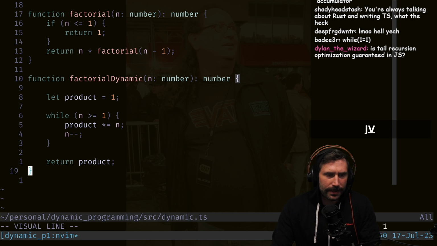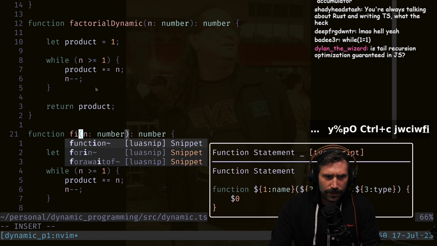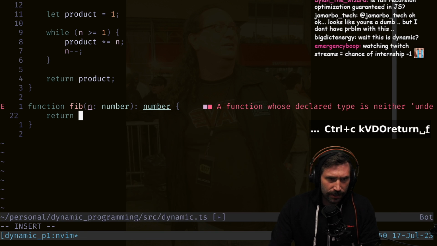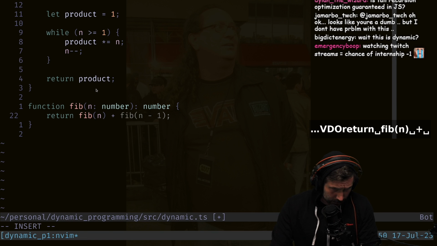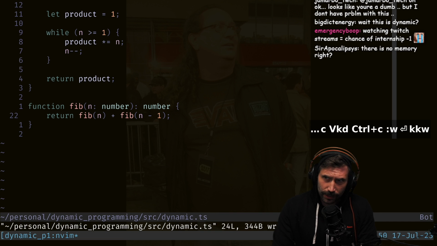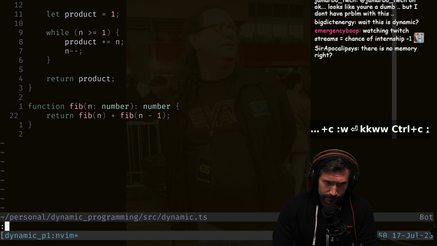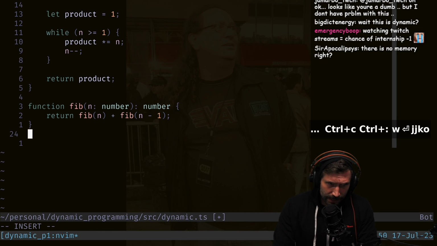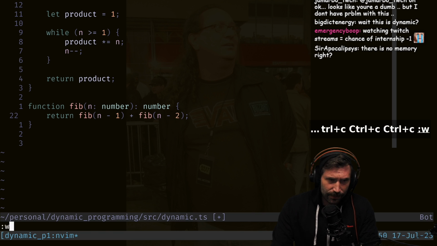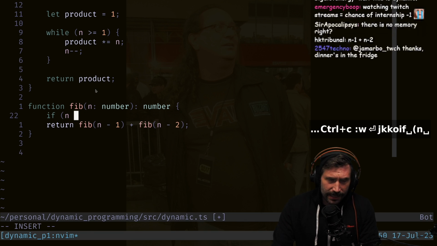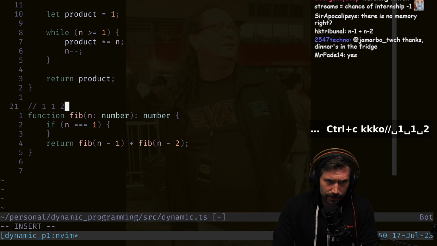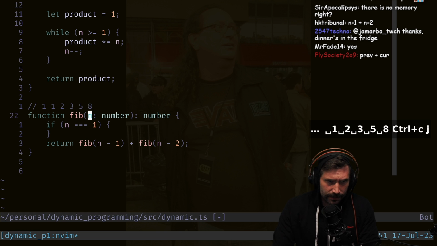So Fibonacci, I think, is probably the most famous one, right? So if you do fib, like your standard Fibonacci, you'd go something like this. Return fib of n plus fib of n minus 1, right? I always forget. How does Fibonacci work? You take your current number and you do the rest, right? Hold on. N minus 1 and n minus 2. Dude, I can't even remember how this thing works. And if n equals, what, 1? Fibonacci sequence is 1, 1, 2, 3, 5, 8, right?